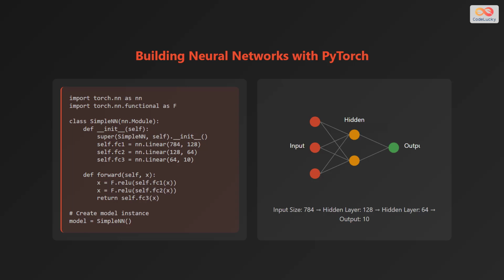FC1 with 784 inputs and 128 outputs, FC2 with 128 inputs and 64 outputs, and FC3 with 64 inputs and 10 outputs. In the forward pass, apply ReLU activation functions to the outputs of FC1 and FC2, and return the output of FC3. Create an instance of the model. The slide also shows a simple neural network visualization with input, hidden, and output layers, along with their respective sizes.